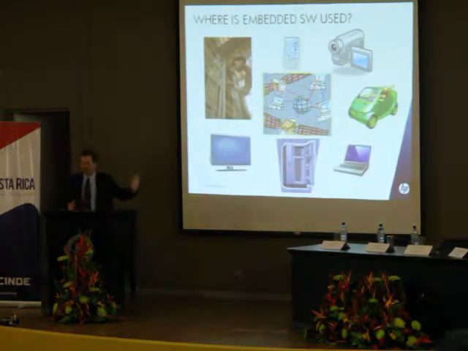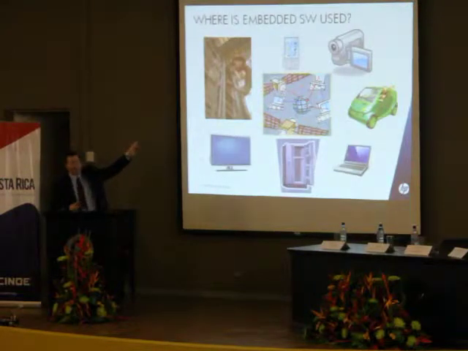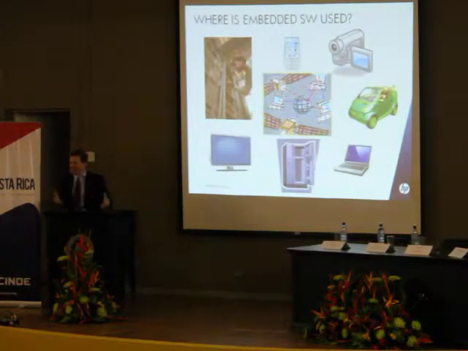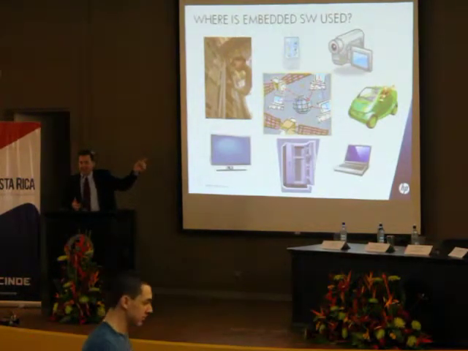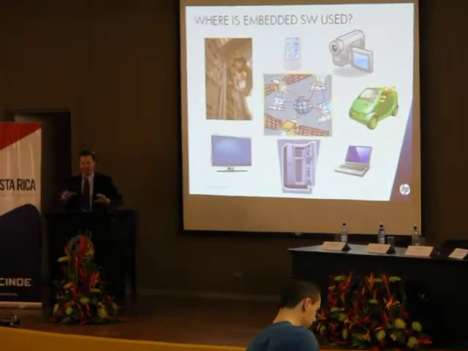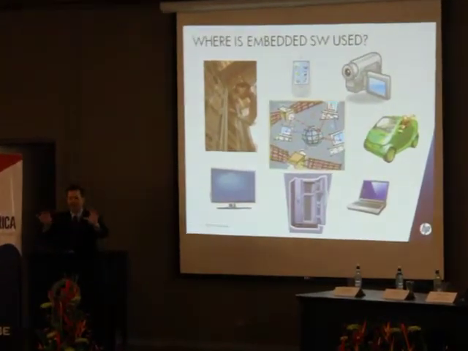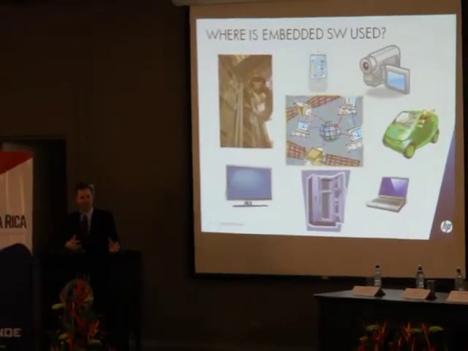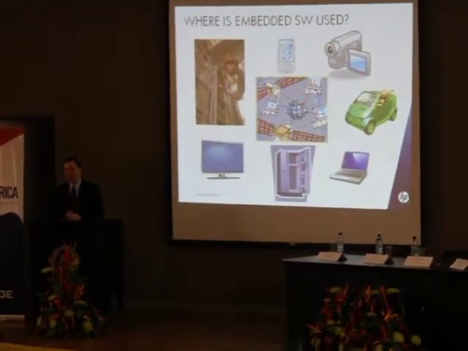So where does embedded software reside? We all know it sits in a cell phone, an iPod, all these devices that we carry around with us. They sit in cameras, in automobiles. In some of the latest BMWs, they have 6 separate embedded software systems controlling the engine, the environment in the car, the navigation systems, the heat and climate, making sure that the fuel consumption is optimized.